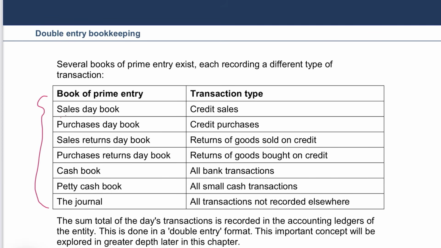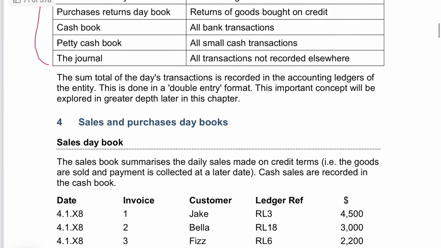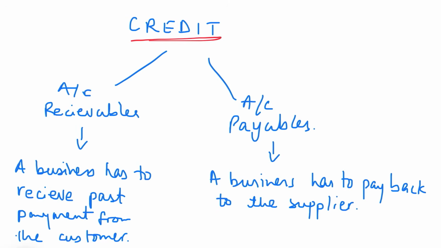So sales day book. Sales day book records the credit sales, right? Now to understand it, I have written something for you. There are two types of credit, right? There are accounts receivable and accounts payable. Accounts receivable are a part of sales, right? And accounts payable are related to purchases.